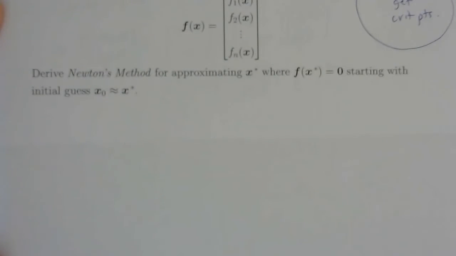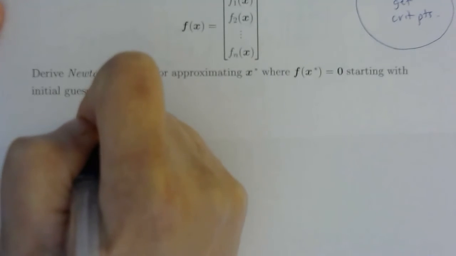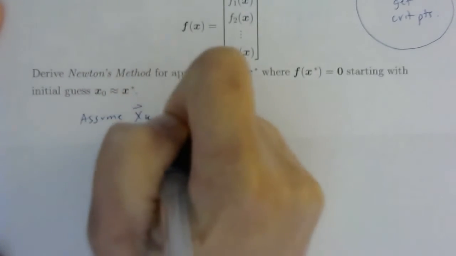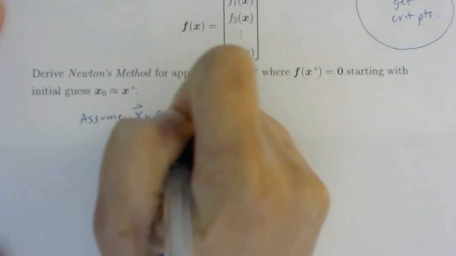Oh, sorry, did I say the initial guess was x star? X star is the equilibrium. That's going to be the solution, the root that I'm looking for, but x naught is my initial guess. So let's assume that xk is somewhere reasonably close to x star.